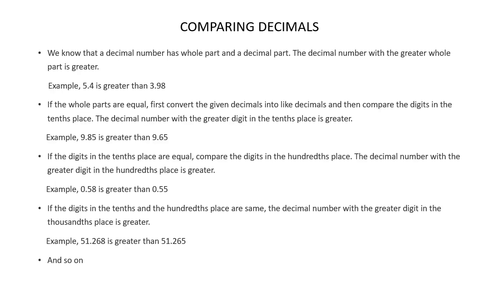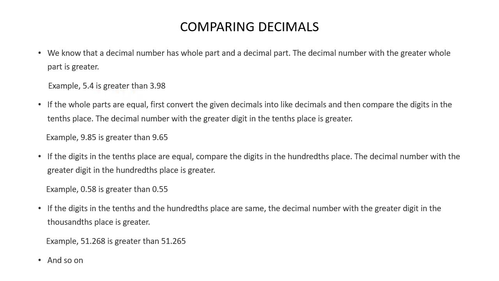Now let's learn how to compare decimals. We know that a decimal number has a whole part and a decimal part. The decimal number with the greater whole part is greater. For example, 5.4 is greater than 3.98 because 5 is greater than 3.